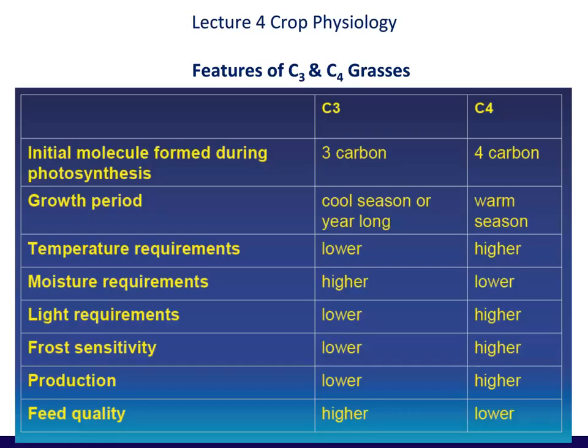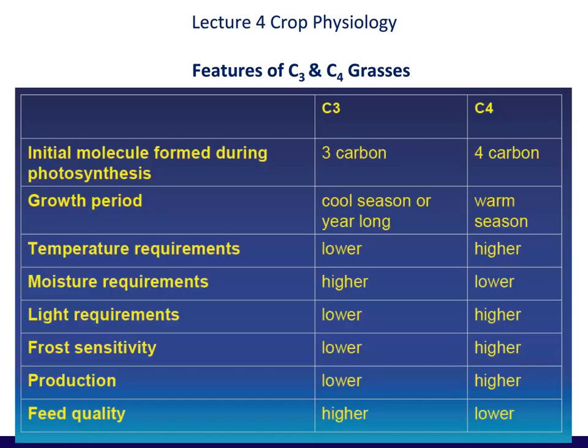C3 plants tend to have much lower production, while C4 plants have higher production. Most importantly, from a pasture perspective, C3 grasses tend to have high feed quality, while C4 plants tend to have lower feed quality.